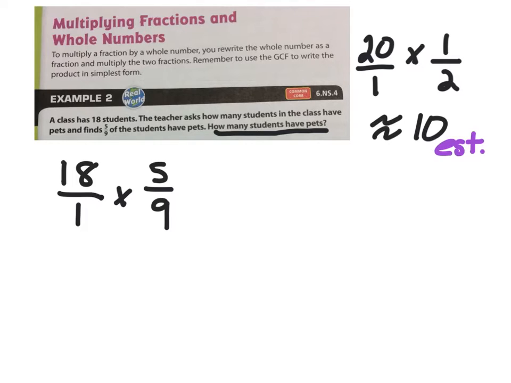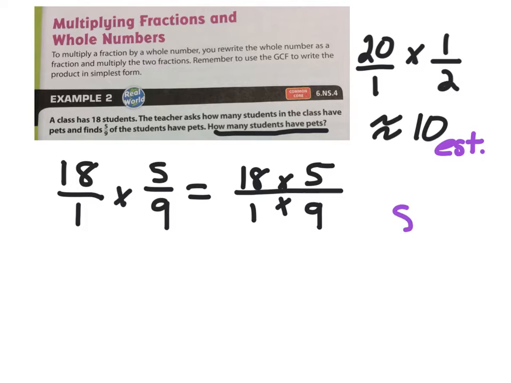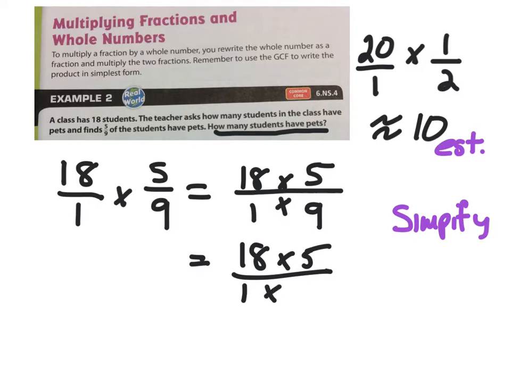And now we're going to multiply our fractions. So we want to do equal to, and I want to build it into one fraction. So I'm going to go 18 times 5 for my numerator, and 1 times 9 for my denominator. And then I'm going to look for, can I simplify? Do you see anything that we can simplify? Let's look at it again. 18 times 5 over 1 times 9.